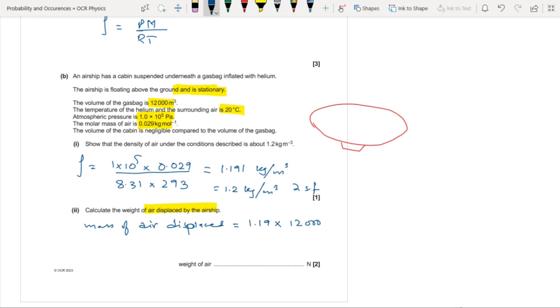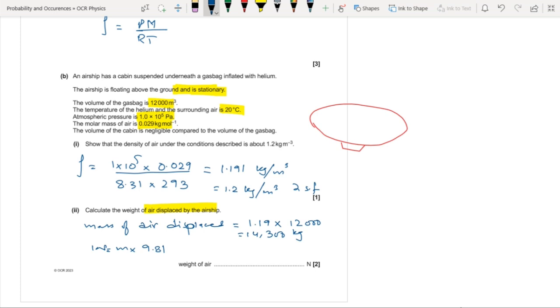And this comes out to be 14,300 kilogram. And if we want to find the weight, it would be simply mass times 9.81.